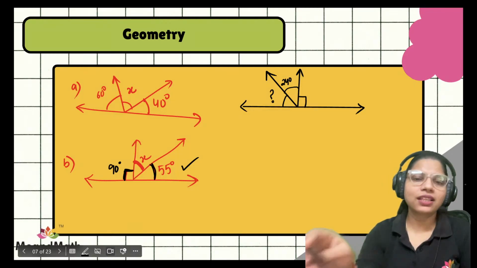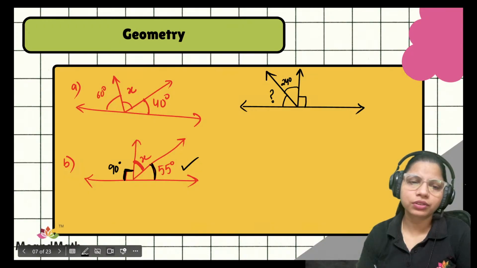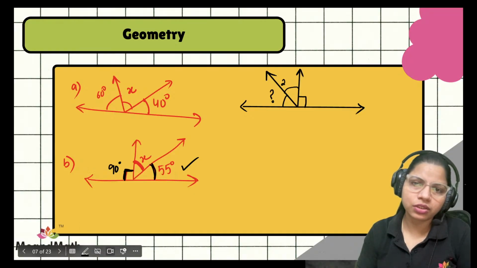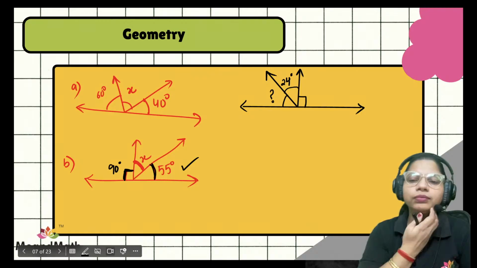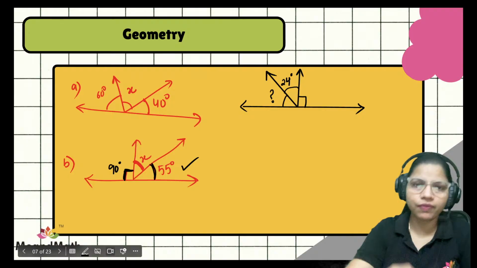But that's 24. It is 24 degrees. Can you see it properly? This is 24 degrees. Okay, you can't understand the top one.